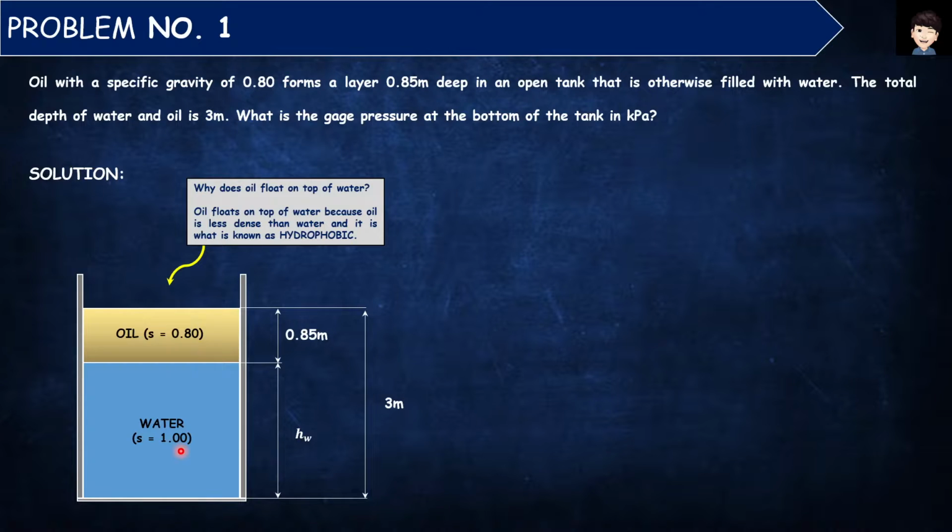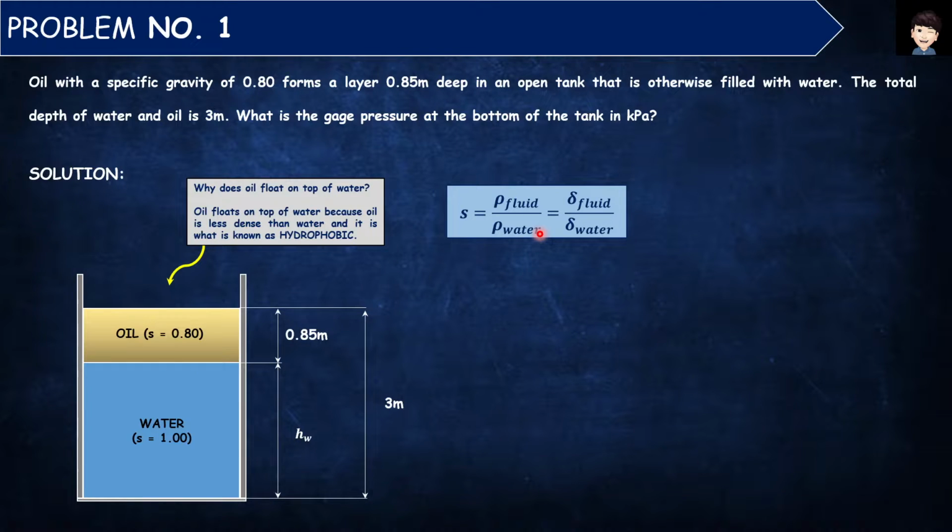Pero bakit 1 yung value ng specific gravity ng water na hindi naman nabanggit sa problem? Ngayon, babalikan natin yung concept ng specific gravity, wherein specific gravity is equal to the ratio of densities or the unit weights of any fluid with respect to water. So bakit natin lagi kino-compare sa water?